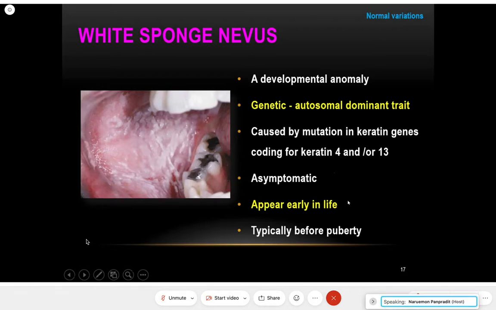When you see a white lesion in the oral mucosa, what should you try to do first? Try to rub it off. What is the purpose of rubbing it off?